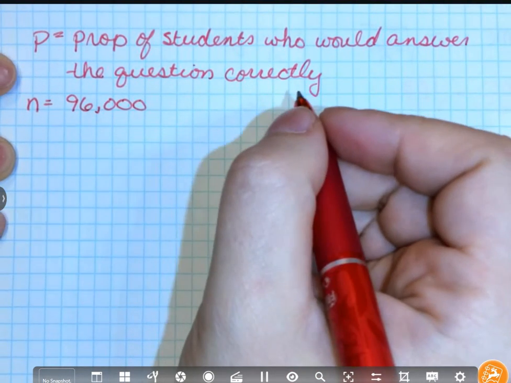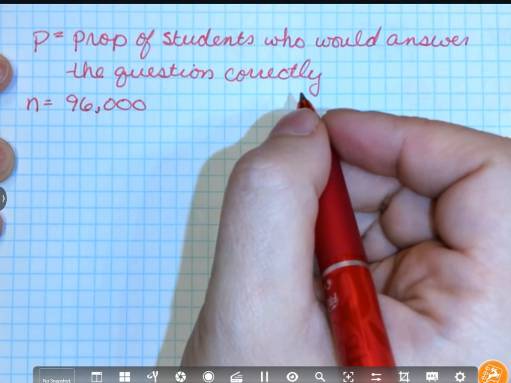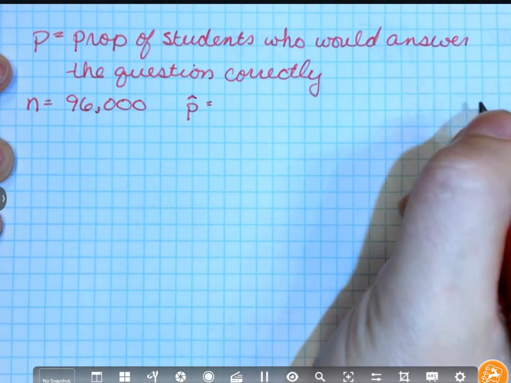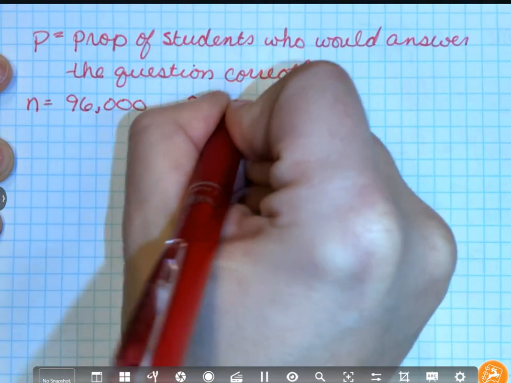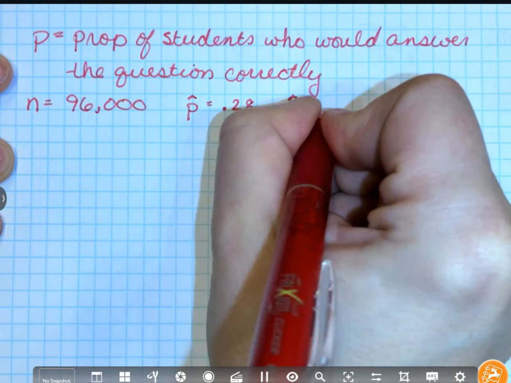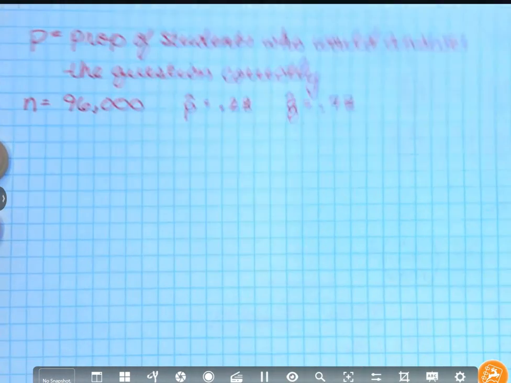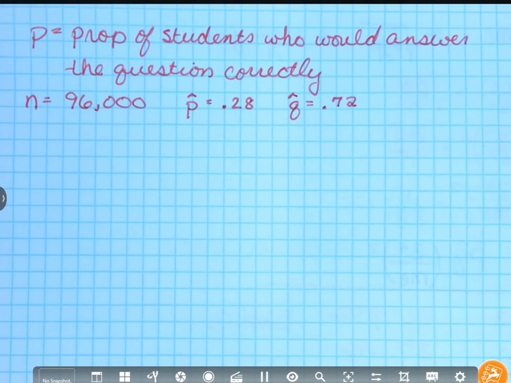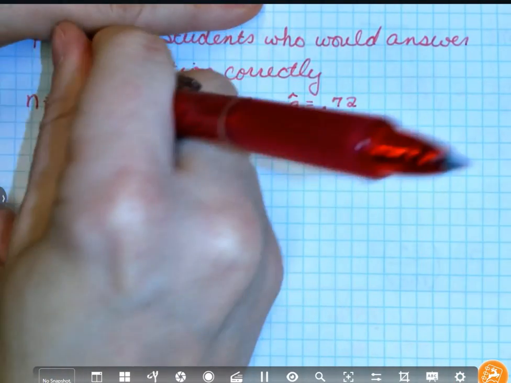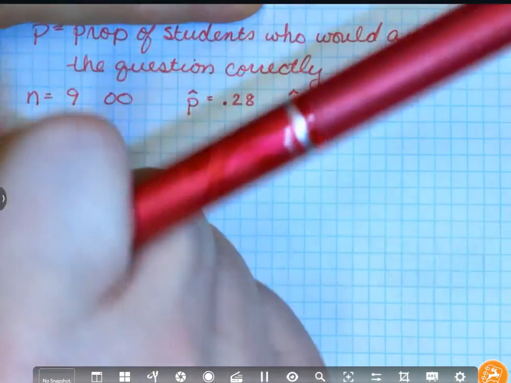What else do I have for pieces for this? P hat and Q hat. What was P hat? 0.28. What was Q hat? All right, not terrible. Oh, one too many zeros. Thank you. That will change things a little bit.